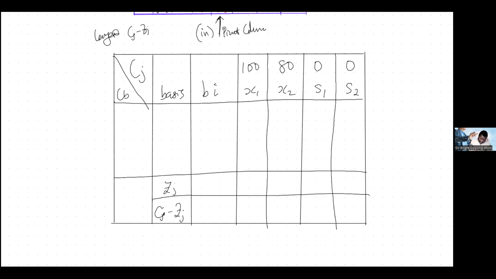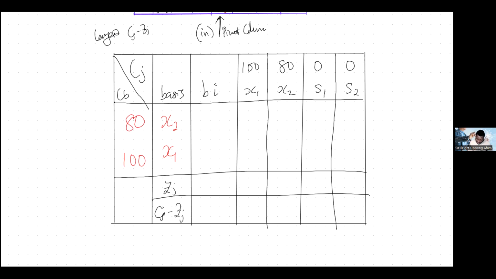So it means that we are going to get X2 here. Already X1 is here. This is already 100. X2 is 80, right?